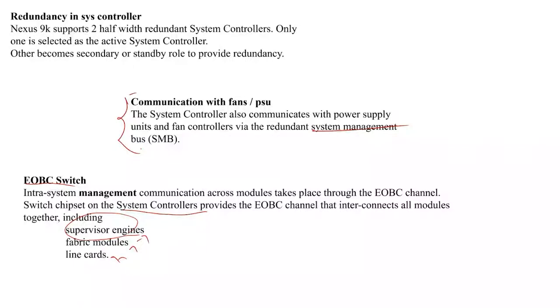Like the supervisor, here also we have the active and the standby redundant system controller. But again, this is also automatic, how the system controller is selected. But again, there is a process here. It is the same process, very similar for the supervisor and the system controller. Okay.